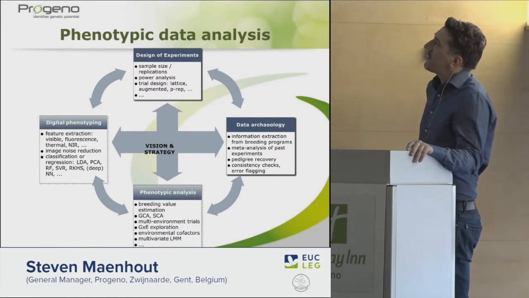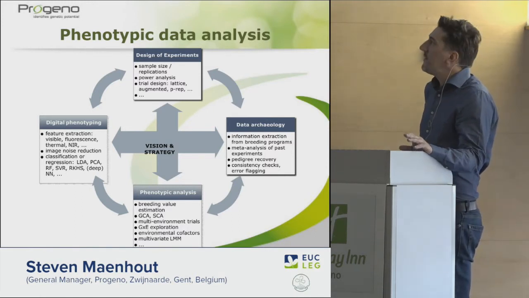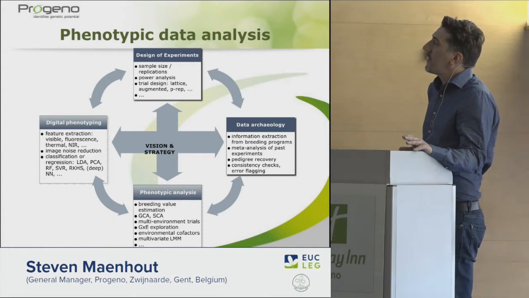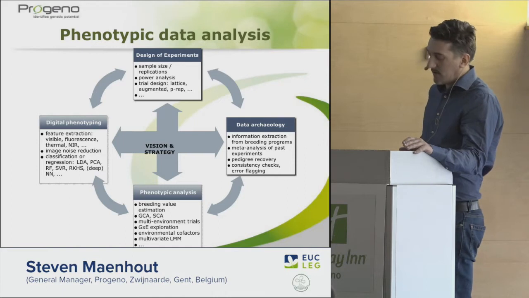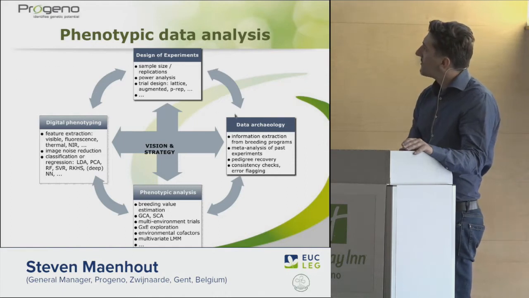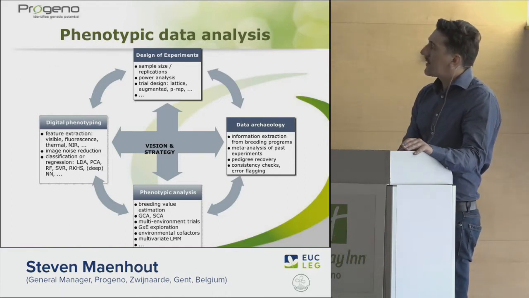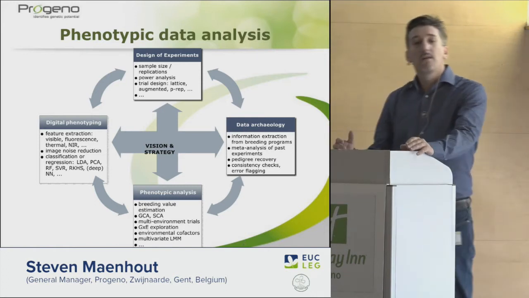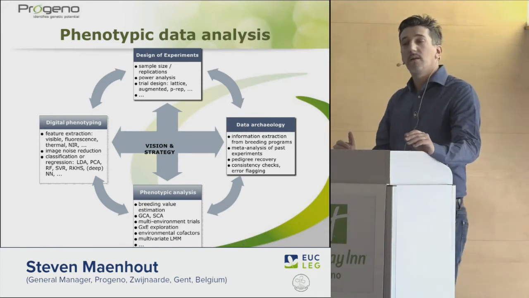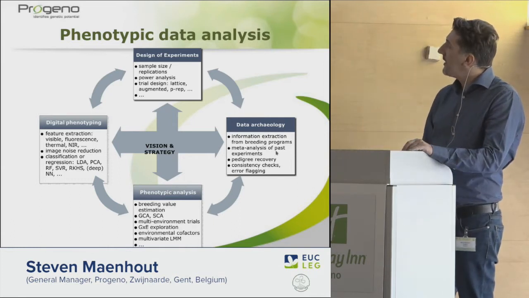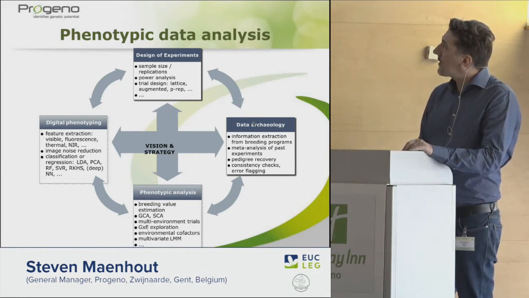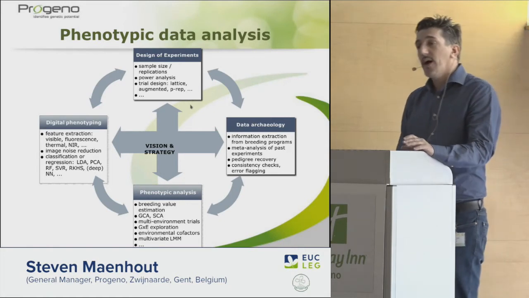So phenotypic data analysis, very, very often I get confronted with data that already exists. I call it historic data or data archaeology, as shown here, where there's very little you can still do about the trial design that was used and the way the observations were made. Now, data archaeology is a lot harder than designing new experiments.